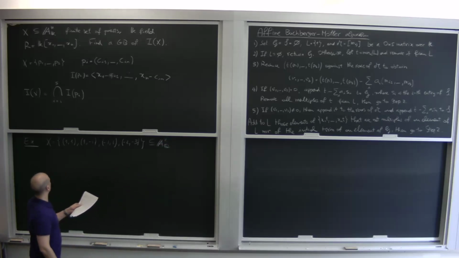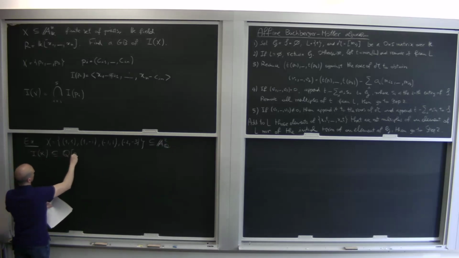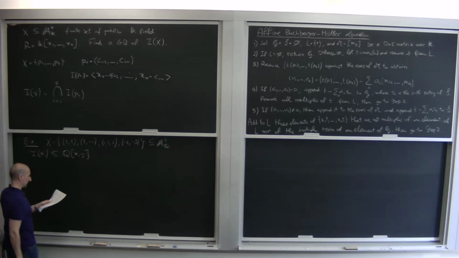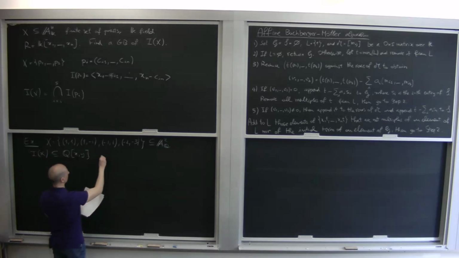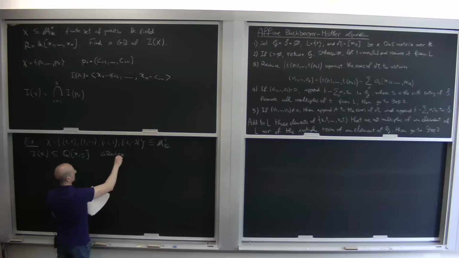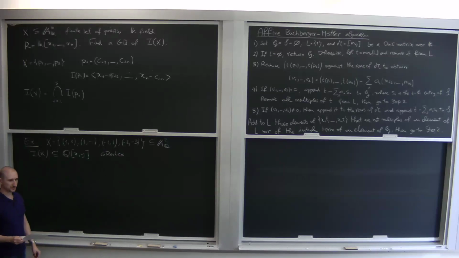And we would like to find the Gröbner basis of the ideal of the set of points inside Q[x, y]. And let's say we do the reverse lexicographic order. So we do G rev lex or deg rev lex, however you want to call it.